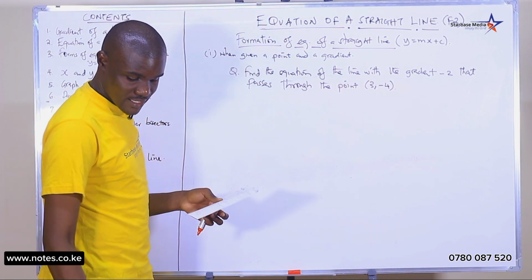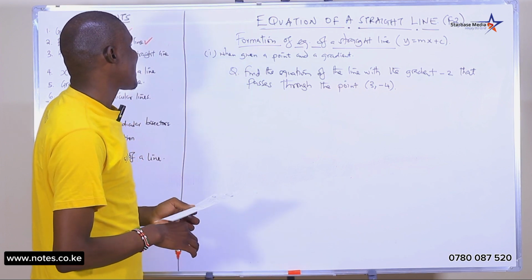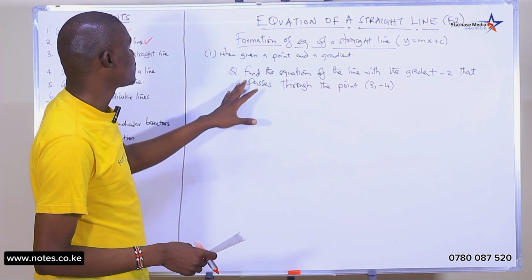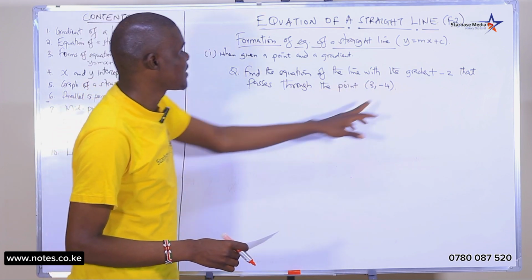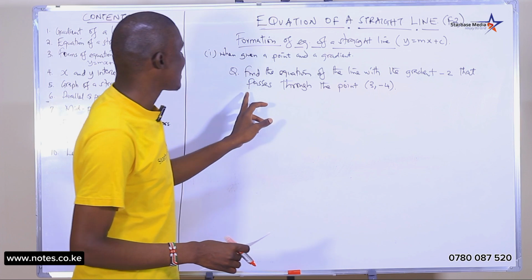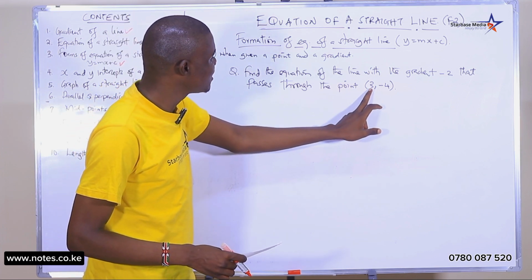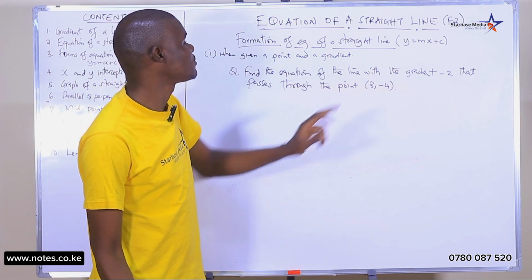So we have a question there where we are asked to find the equation of the line with the gradient of -2 and passes through the point 3, -4.